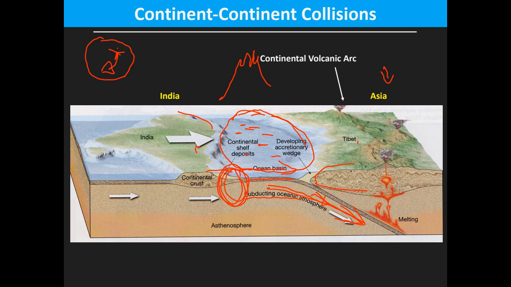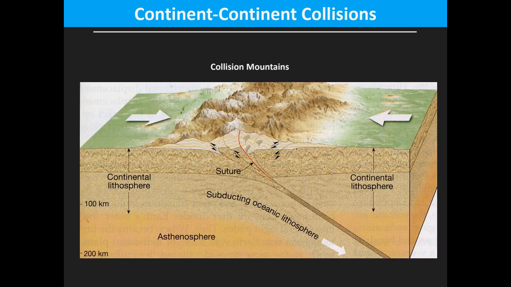So things that used to be under the water form those mountains between India on one side and China on the other side. India, again, as I said, belongs to the Indian Australian plate, and China belongs to the Eurasian plate.